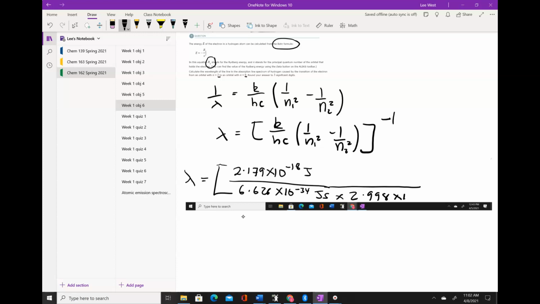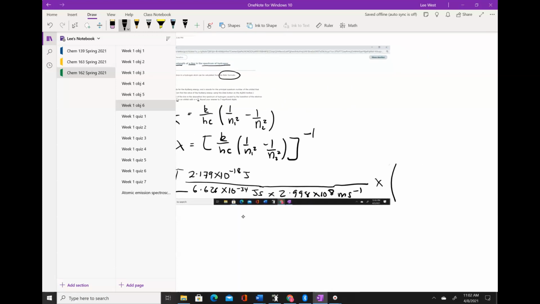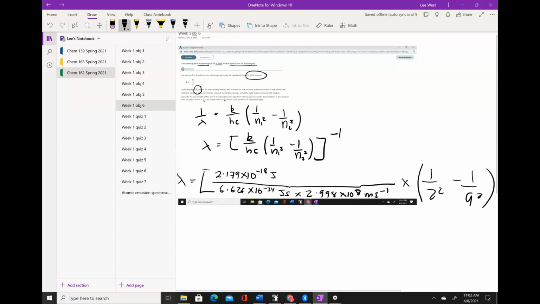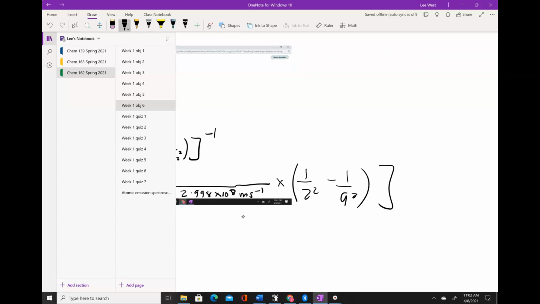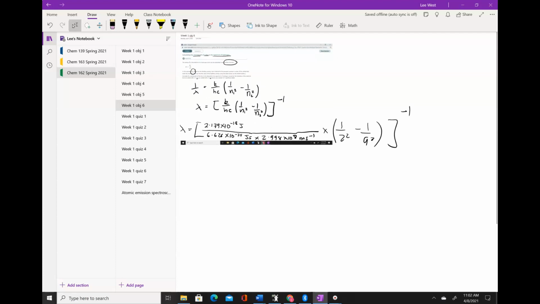You can see here why it might be advantageous to use the calculator that has the built-in constants, can't you? And then we were going from the second level, so 1 on 2 squared, to the 9th level. There we go. It doesn't ask for particular units here, and then we've got to remember to invert it. Alright, so let's have a look here at our units. Joules over joule-seconds times meters per second leaves 1 over meters, but then we're going to invert it, so that's going to give me meters.